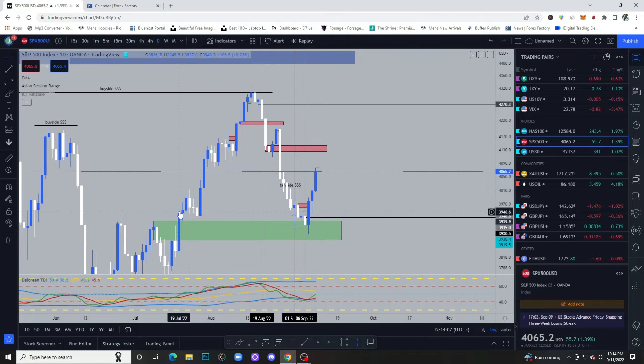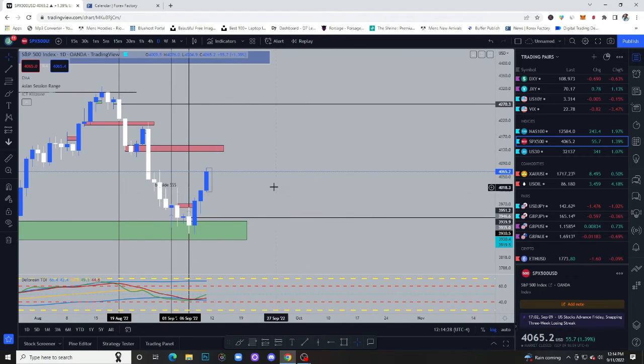Because as you can see here, back in July, price came, tested the level, and just took off. But here in September, price actually dug a little bit more into this daily breaker block right here. So it's always that element of applying patience when you're looking for your setups.